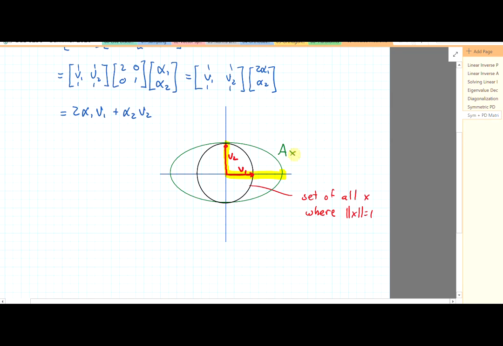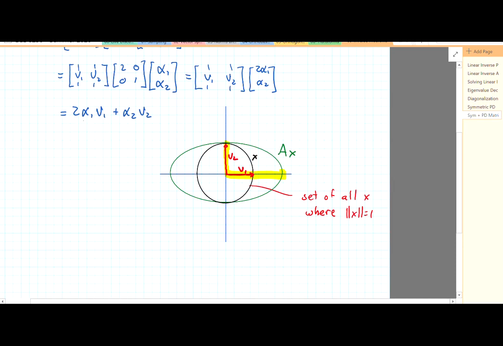So if the black represents x, then the green represents Ax. And inasmuch as x is aligned with v1, it's going to be stretched by that factor of 2. Aligned with v2, it's not stretched at all. And if it is somewhere in between, it will be stretched proportionally.